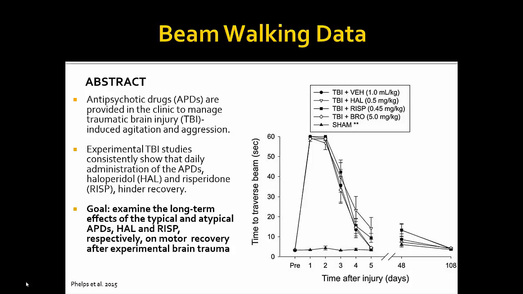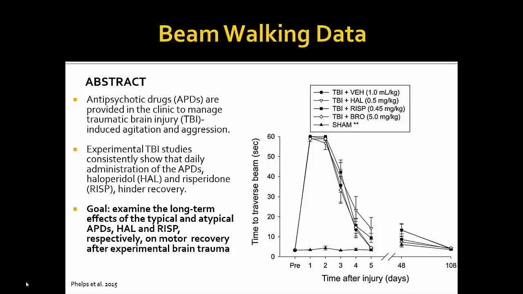And so they wanted to see if giving these antidepressants had an effect on motor recovery. So they had an effect on emotional recovery, but they wanted to see if there was an effect on motor recovery.